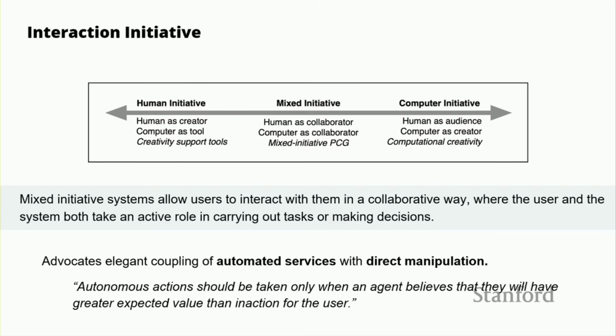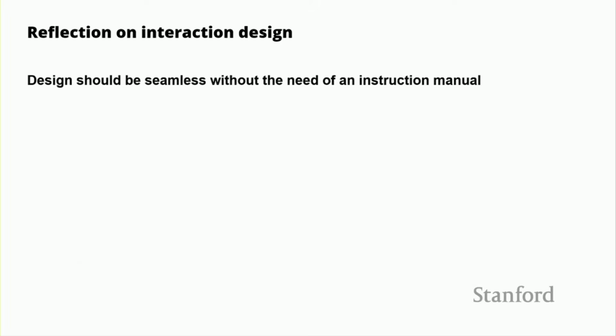To do it well, you have to couple automated services with various kinds of direct manipulation that encourage creativity. You could do this, for instance, by creating automated agents that take actions only when the agent believes, anthropomorphizing a little, that they will have greater expected value than not doing anything in a particular context for the user. There's more detail in some of the references in the rest of the text.